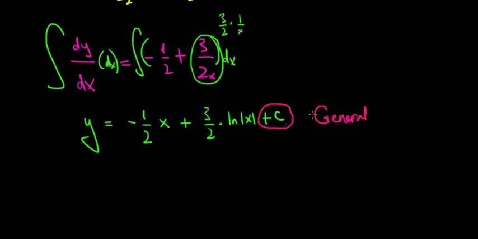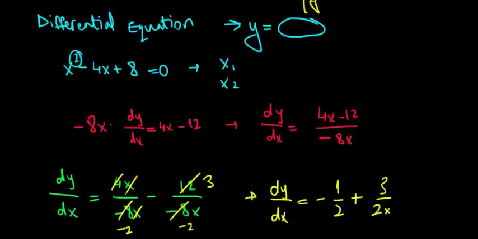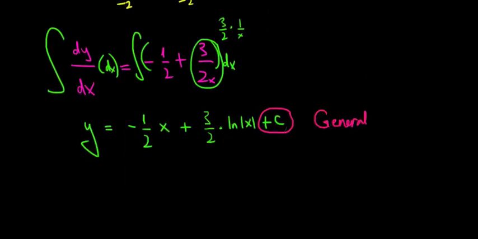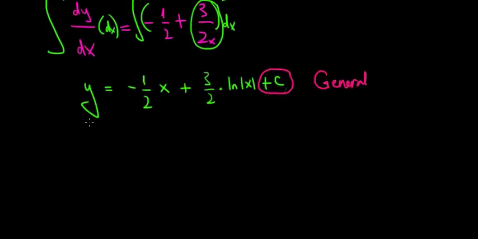Now how can we find something more specific, something particular? Well, let's go back to the beginning of the question, and we can see that here, when x is 1, y is equal to 6. So let's apply this. If x is 1 and y is equal to 6, then we can substitute into y equals to minus 1 over 2 times x, with x equal to 1, plus 3 over 2 times ln of 1 plus the constant.